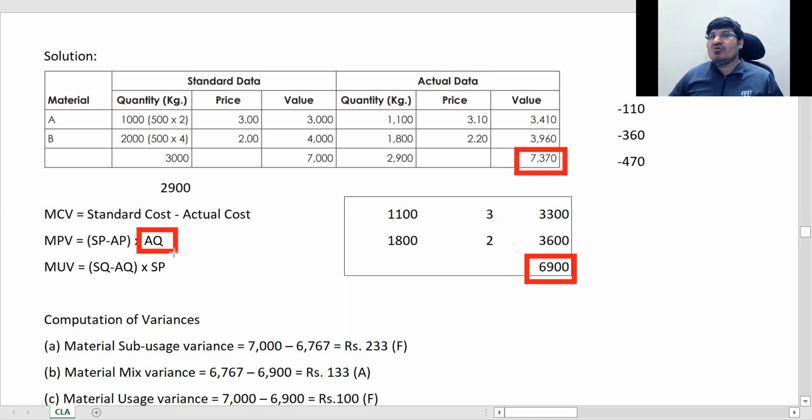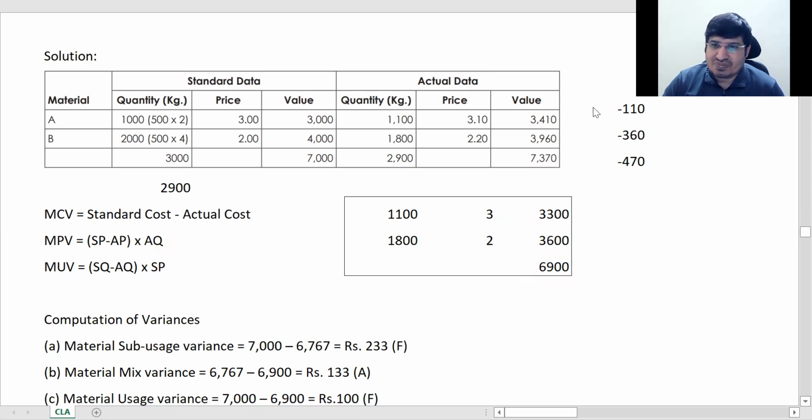What you have not bought, you do not pay the extra price. So that's why it is always multiplied by actual quantity. Okay, so here 6900 minus 7370. Okay, this will give you your variance. So we got our price variance here.